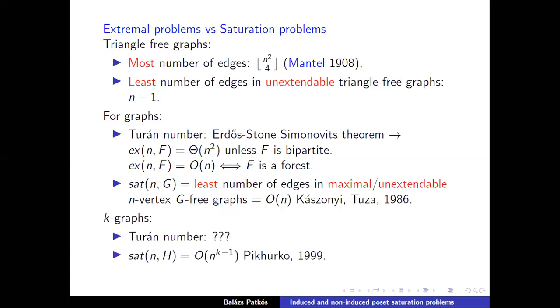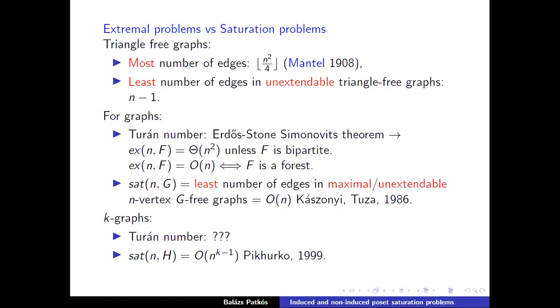What about hypergraphs or k-graphs, k-uniform hypergraphs? Well, in this case, the Turán problem is very much unsolved, so we don't know too much about the extremal problem, and we don't know the exact values for most of the saturation problems, but we have a result by Pikhurko, which is an extension of the Kászonyi-Tuza result. Observe that if we are talking about k-graphs, then the total number of possible hyperedges is, of course, n choose k, so the order of magnitude is n to the k.